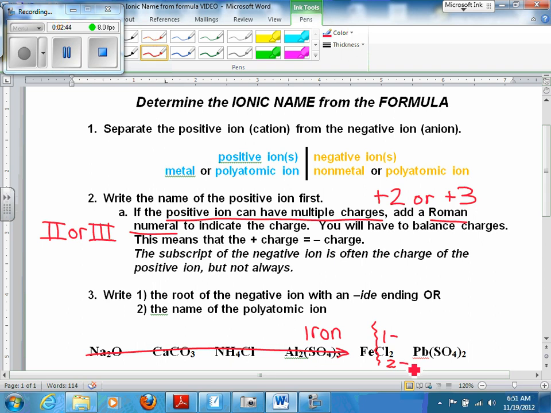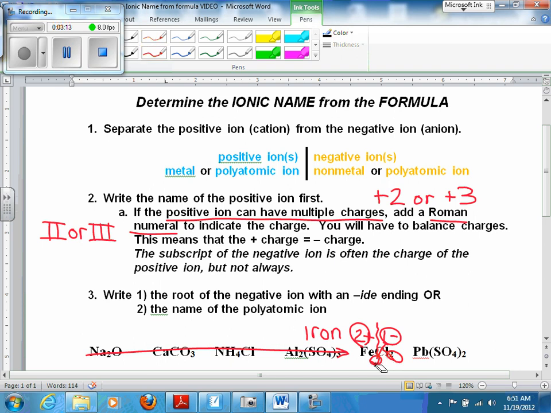If I have a 2- charge on this side, I need a 2+ on this side. Because I only have 1 iron, this one must be a 2+. So if I look at that crisscross thing that we've looked at before, you can see that that crisscross thing actually worked. The 2 here shows up there, and the 1 here shows up there.